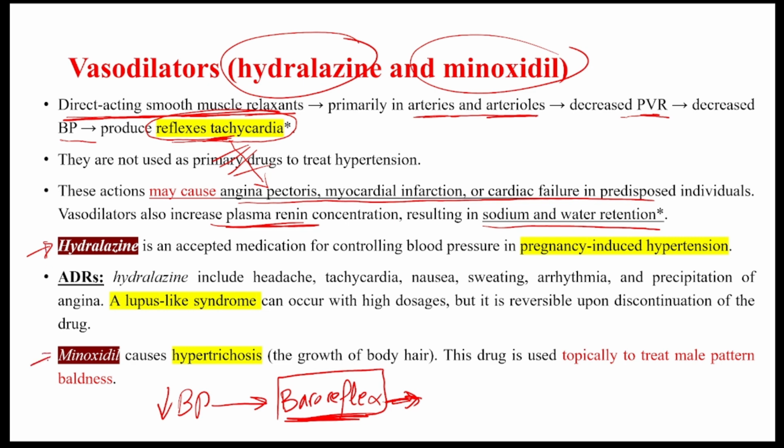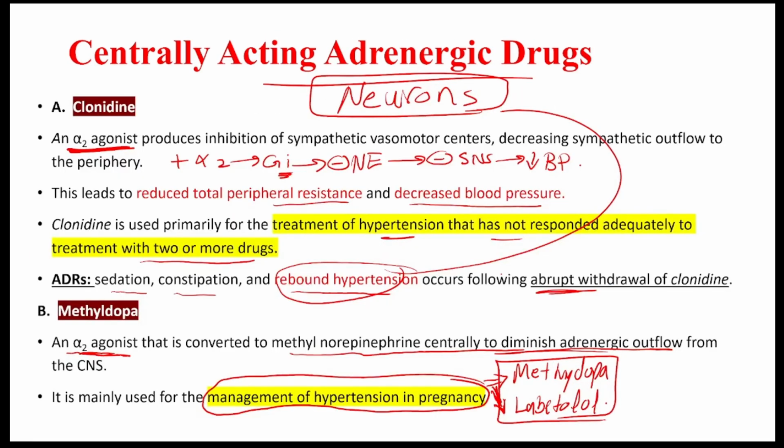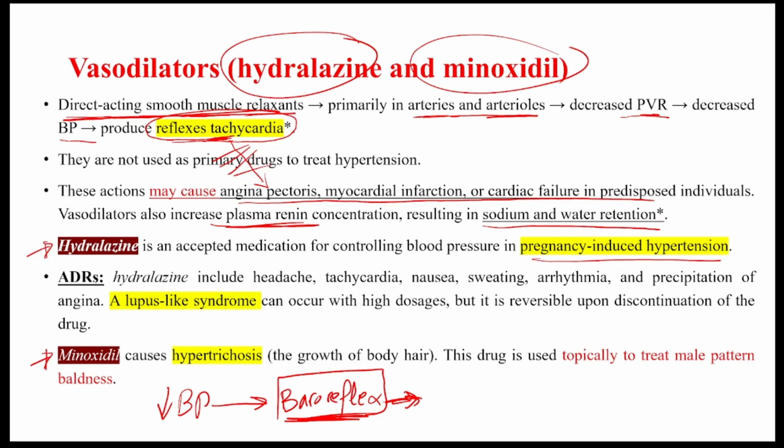We have some properties for each medication. Some characteristics: hydralazine could be used during pregnancy. Now we have 3 medications. If I go back, I can add something here: hydralazine, another group of medication during pregnancy. But hydralazine may carry the risk of lupus-like syndrome.